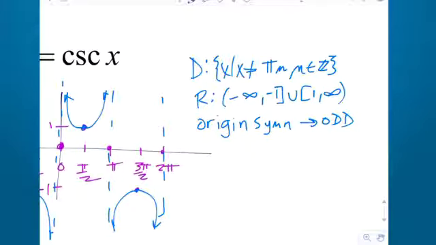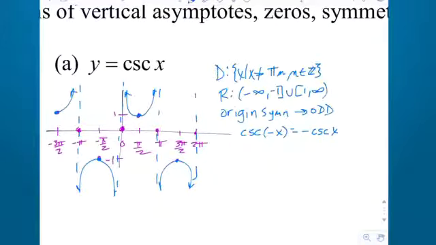And the consequence of that is, of course, that cosecant of negative x is equal to negative cosecant of positive x. So every trig function has some type of symmetry. The only two even functions then are cosine and its reciprocal secant. The other four are odd. And the last important thing here is the period.